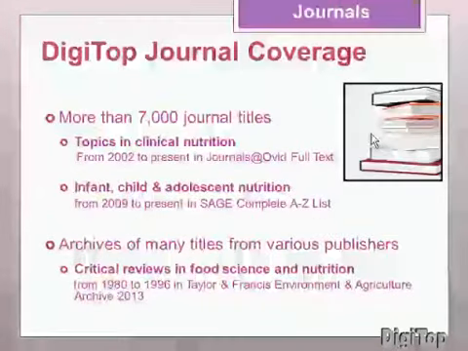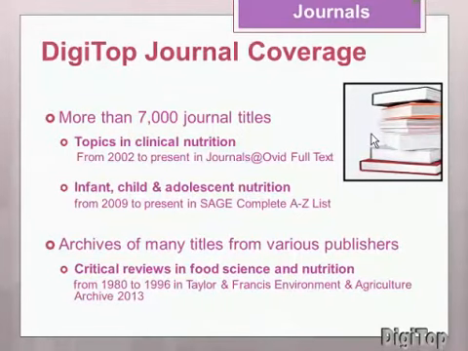Our journal coverage, we have more than 7,000 electronic journal titles, and some of those that have been selected just as an example for you, topics in clinical nutrition. When you look at the journal's portal, you'll see a small statement that lets you know what the coverage through DigiTop is and what you have access to.